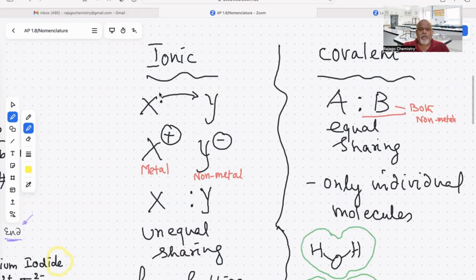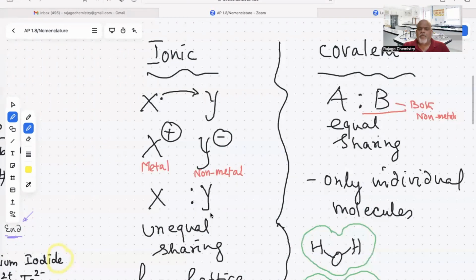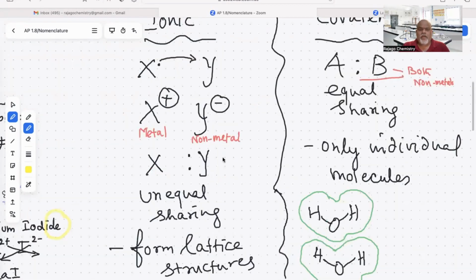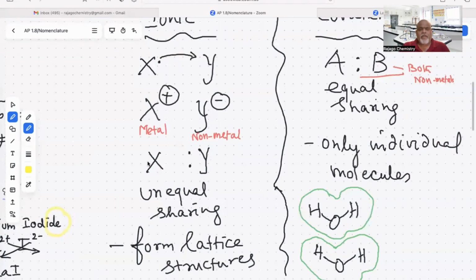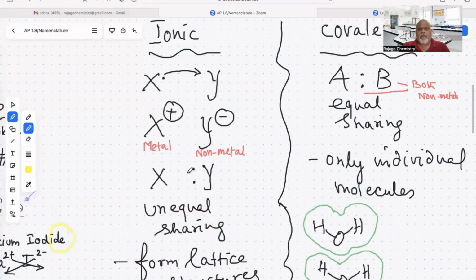A metal gives an electron to a non-metal, and it is an unequal sharing, usually due to electronegativity difference. The non-metal has high electron density compared to the metal. Ionic compounds usually form lattice structures.